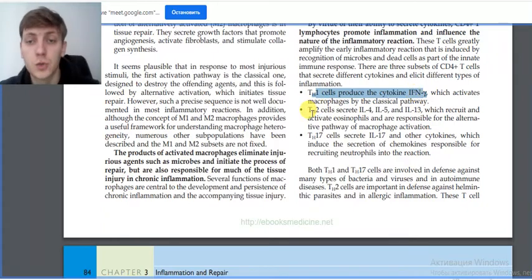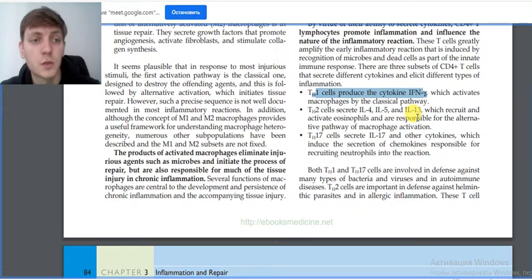Then Th2 secretes interleukin 4, interleukin 5, interleukin 13. As I said, they activate the alternative pathway of macrophage activation. And also they cause the activation of eosinophils. Now you can consider that Th2 cells and these interleukins are responsible for the anti-allergic response.